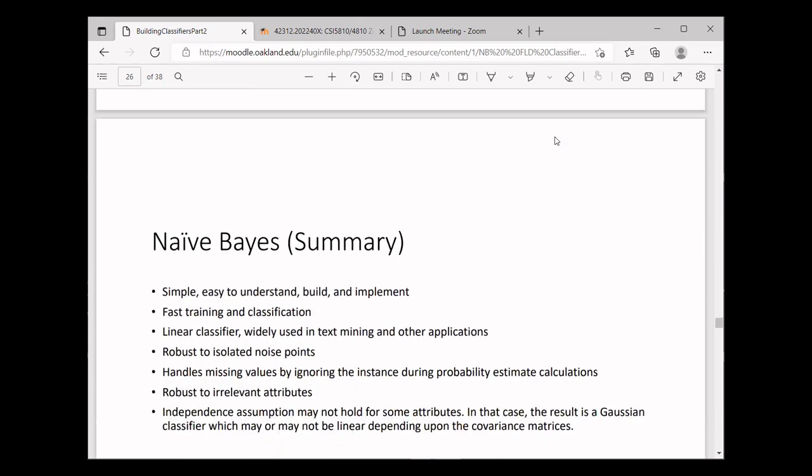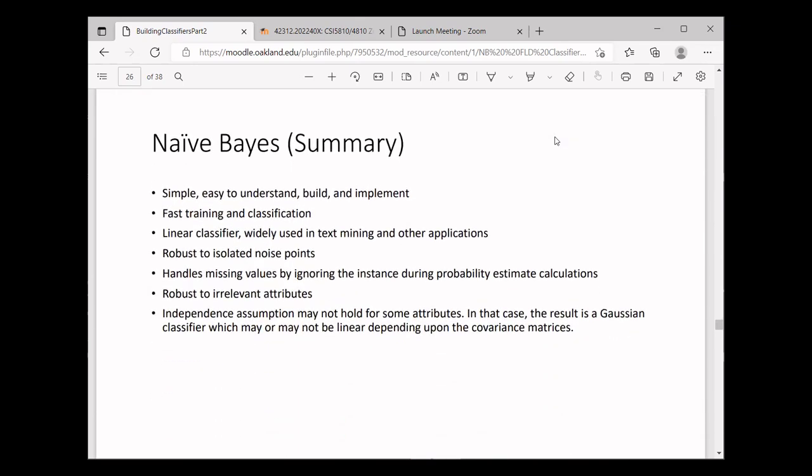So let us summarize the Bayesian classifier. These are simple, easy to understand, build and implement, with fast training and classification. The result is a linear classifier, widely used in text mining and other applications.